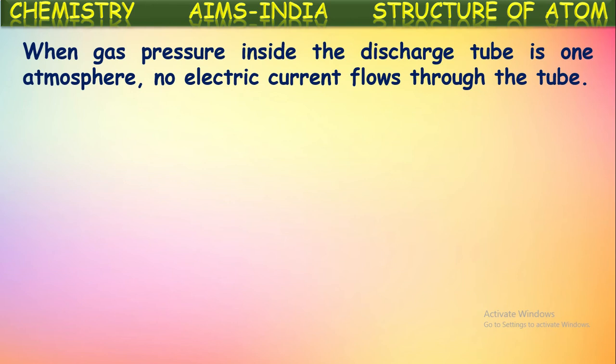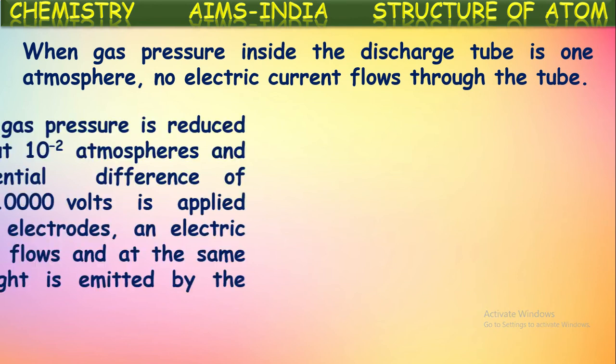We know gases are poor conductors of electricity at normal temperature and pressure, isn't it? So in the atmosphere so much gas is there, yet it is not conducting any electricity. That is why you do not get electric shocks when we switch the electric switches on, because these gases are poor conductors of electricity at normal pressure, that is, at 1 atmosphere pressure.